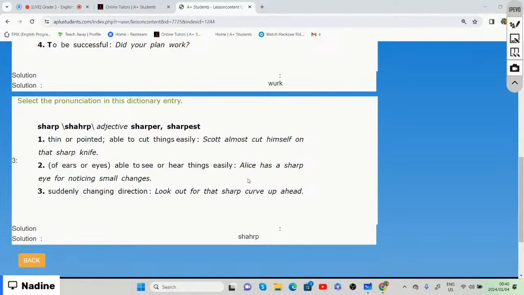If we look at this word shop, what do you think within these words and sentences that is over here? Where can we find the pronunciation of the word?